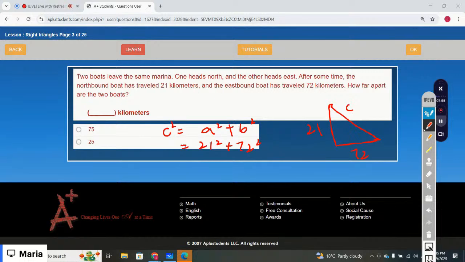So, we need to calculate the C, that is 75. So, the correct option is 75.